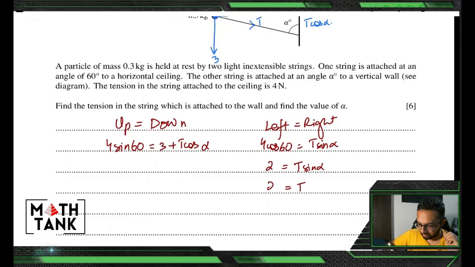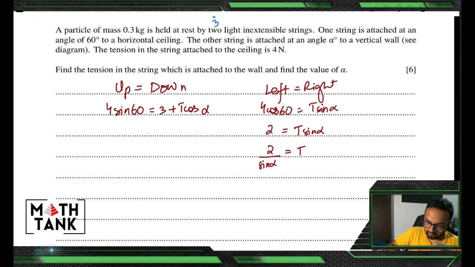So T should be 2 over sine alpha. 4 sine 60 is 2 root 3 from my calculator. T can be replaced with 2 over sine alpha into cos alpha.